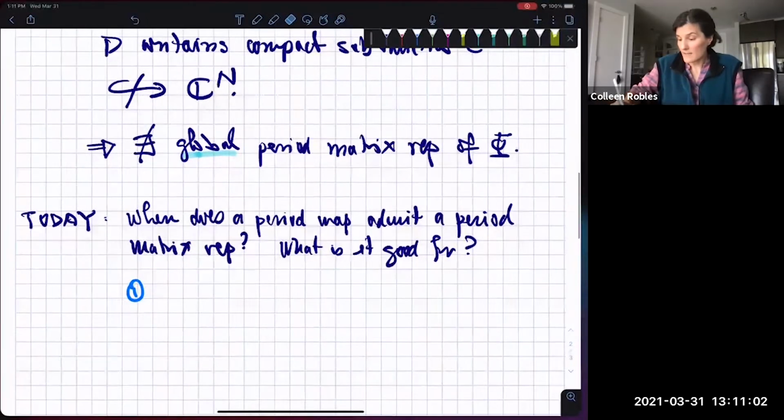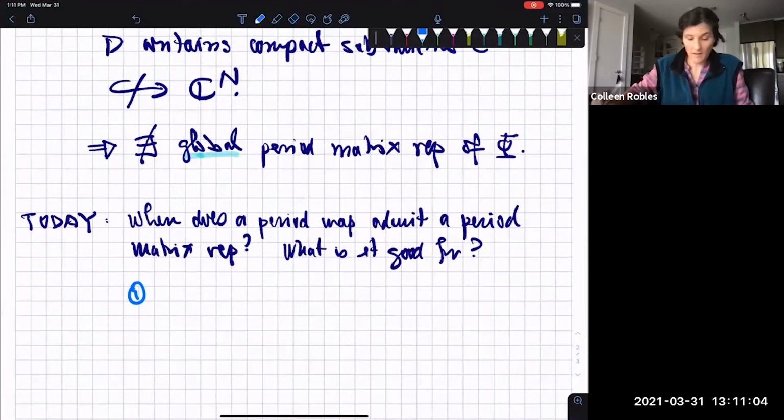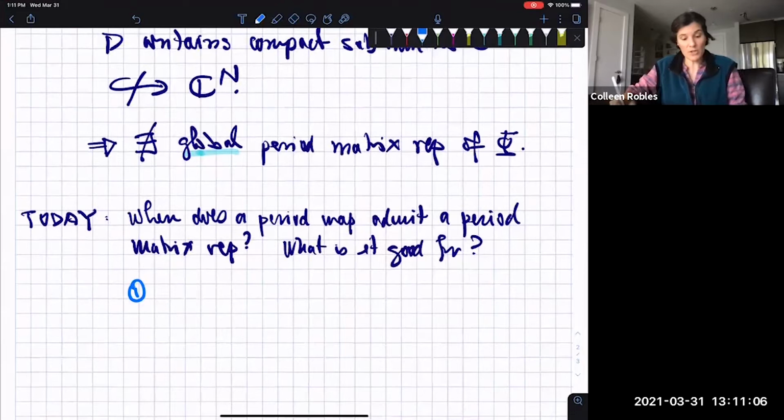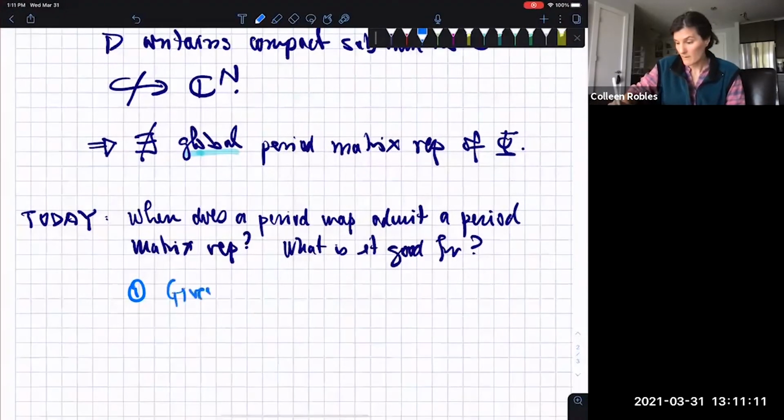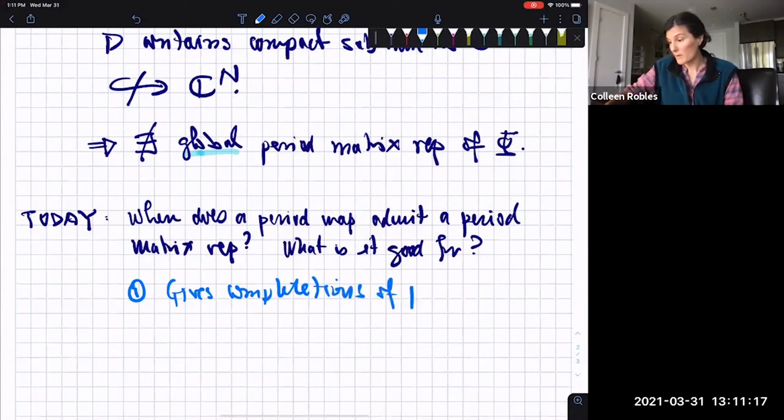The first is it gives constructions of completions of period mappings. Okay.